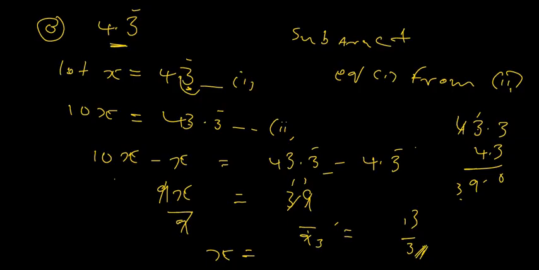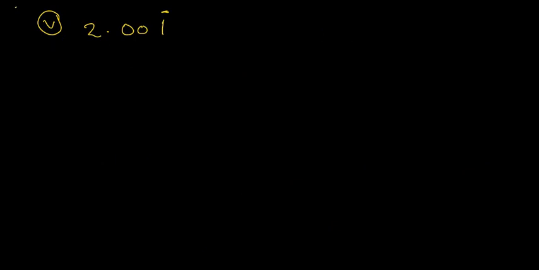Okay, so let's see the follow-up question. Okay guys, let's see how we can solve this one. So again, we look first at how many digits are after the decimal before the repeating decimals. We have 2 zeros here, so we let x be equal to 200.1.